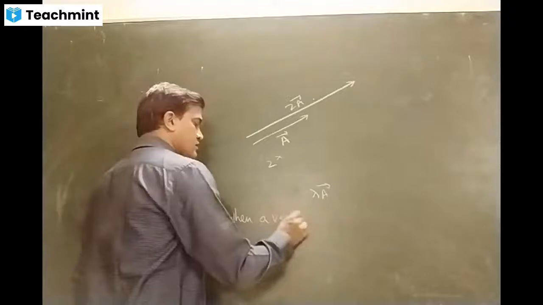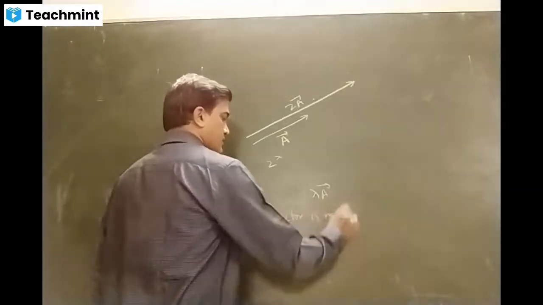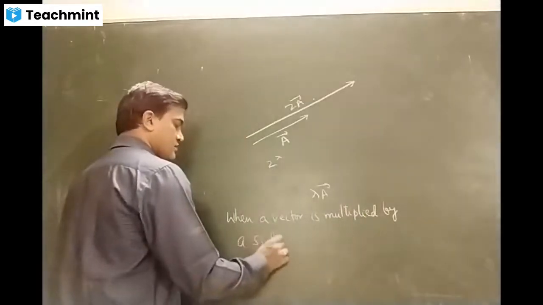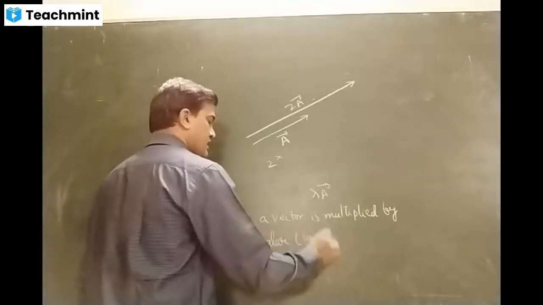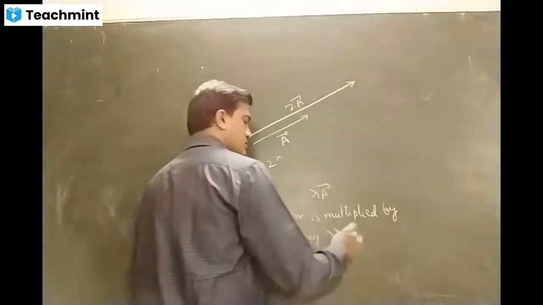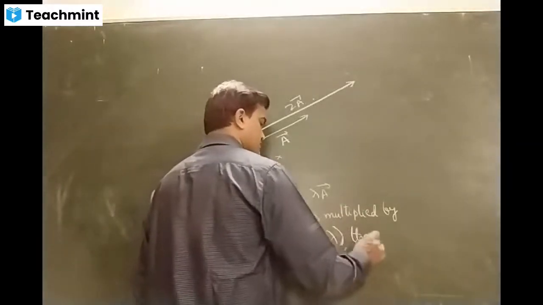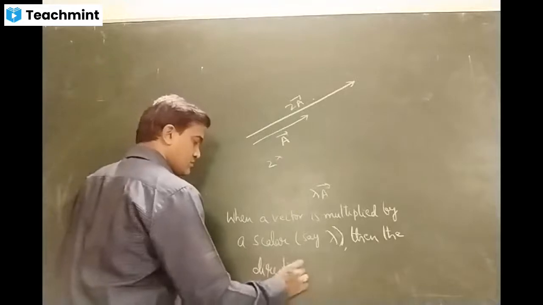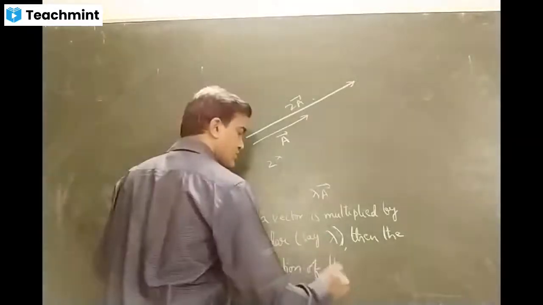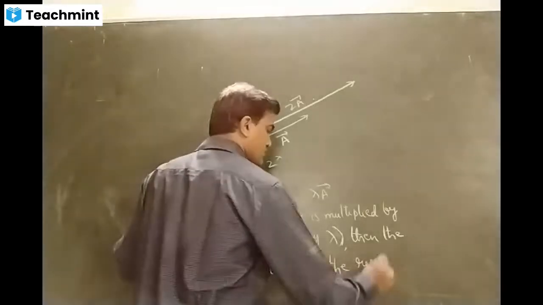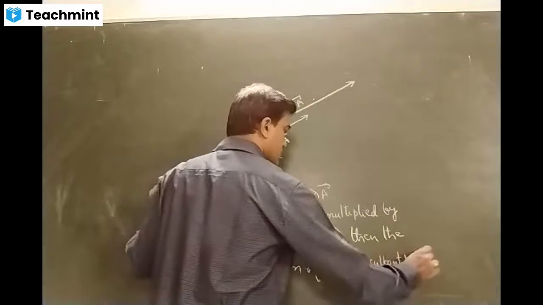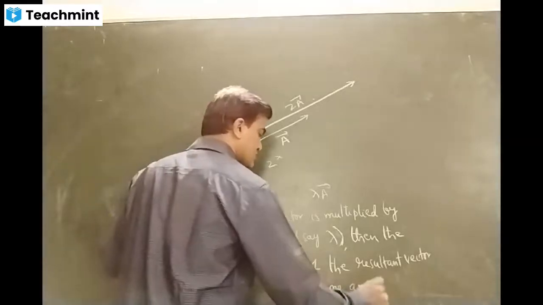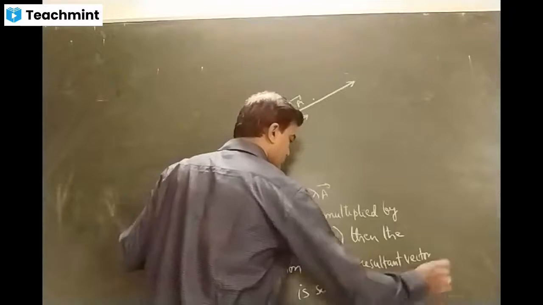Just note it down: when a vector is multiplied by a scalar, let's say lambda, the direction of the resultant vector remains the same as the given vector.